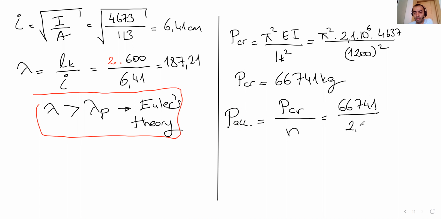Over 2.5, we will have approximately 26,700 kilograms or 6.7 tons. Okay, this is the first example.